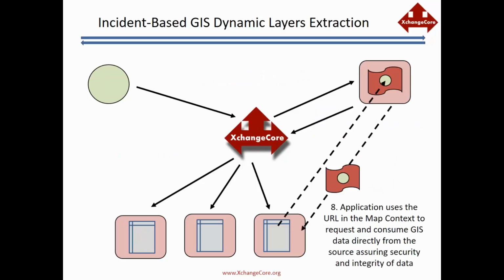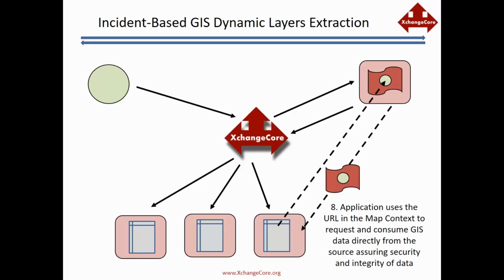Next step then is that the application down the bottom right-hand corner uses the access to that GIS data, which is really just a URL, just like you would type at the top of a browser that's in that map context document. And it goes off to that server and it says, may I have this data? And if that server says, yes, you're authorized to get this data, that data then flies on back to this application on the bottom right-hand side.